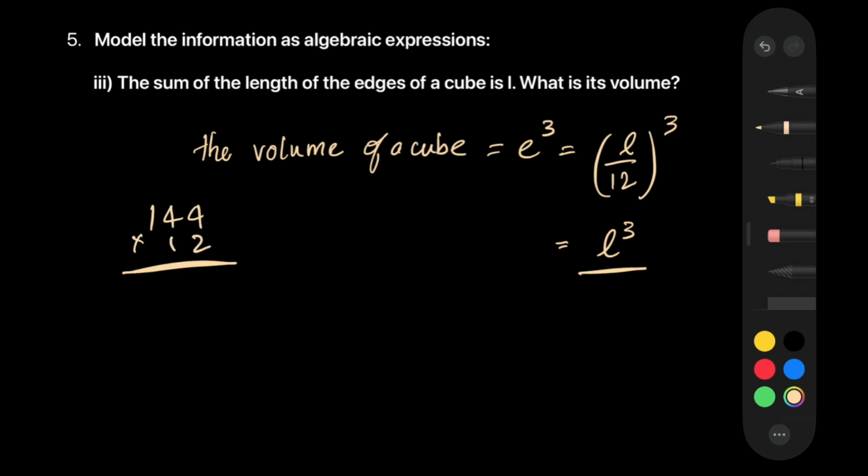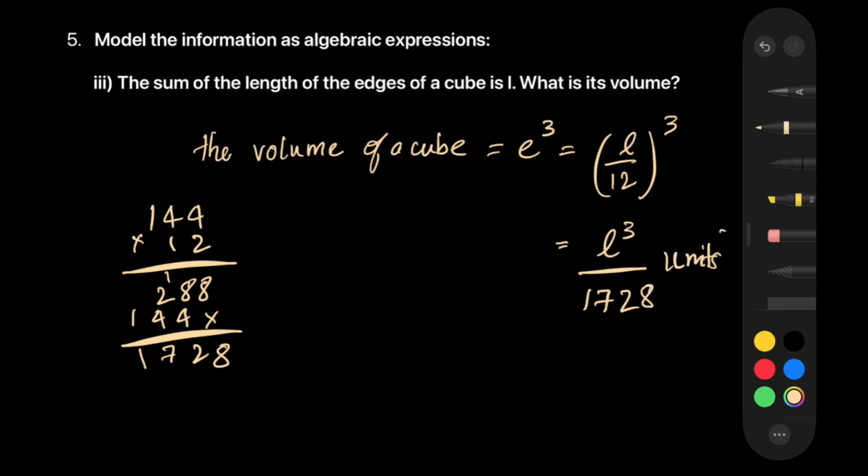Multiplying that by 12, we get 1728. So the volume of the cube when the sum of the length of its edges is L is L cube by 1728 units cube.